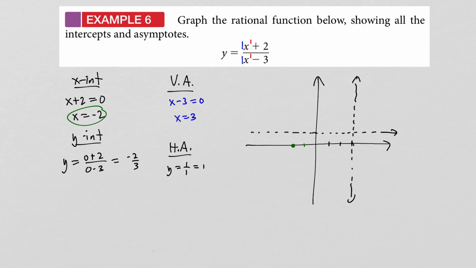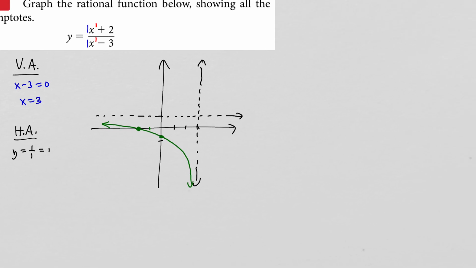That is right there. Y-intercept of y equals negative 2/3. So here's negative 1. Negative 2/3 is right about here. And you can see from this alone, I can get the idea that on this side, the graph must look something like this.